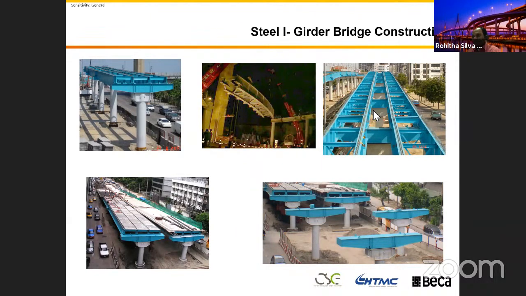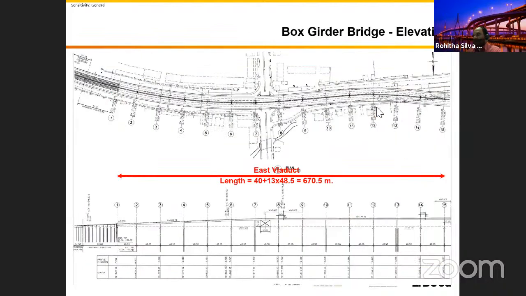And in the next couple of slides, I'm going to show you another extreme in bridge designs. Till then, we talked about the beam type of bridges, either super T or steel I girder or pre-stressed concrete I girders. And the next one, this is one of the bridges I worked on, a box girder bridge.